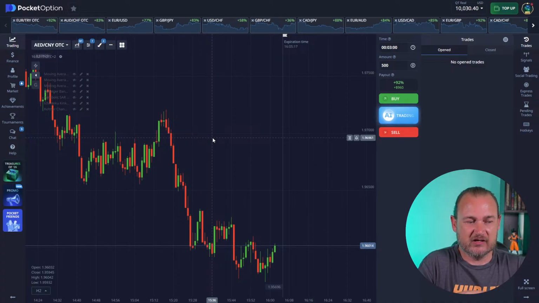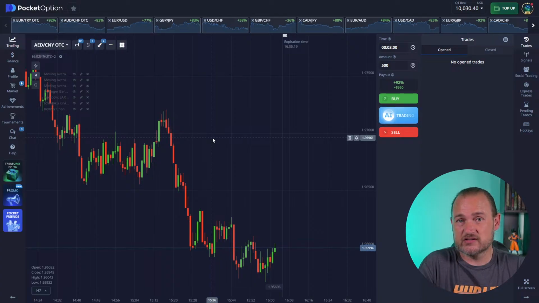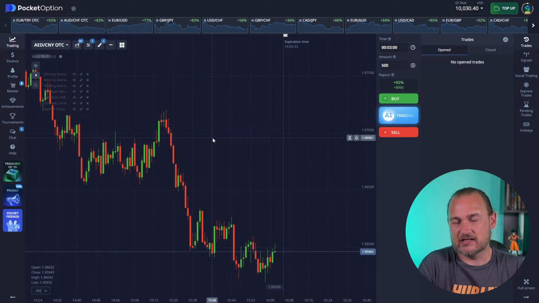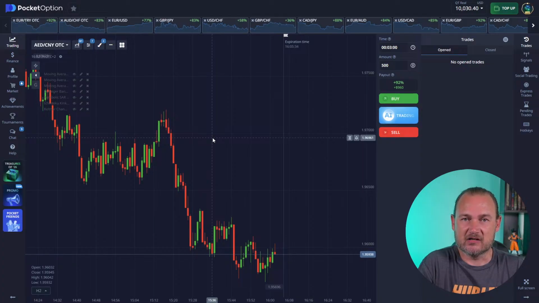And then we have hidden divergence, which is a continuation signal. That's going to take place in the middle of a trend, just after a trend has started and you can clearly identify that a trend has begun. That's where you're going to start picking up hidden divergence.